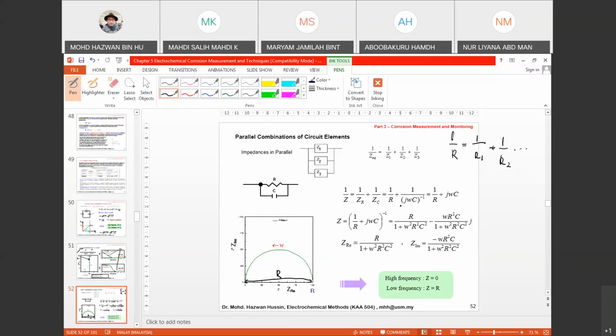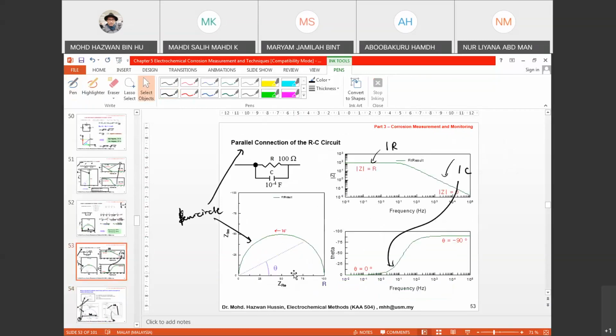So for a parallel RC design, mostly it is seen on the Nyquist plot that it will form a semicircle. The parallel connection of RC circuits. For Bode plot, you will see that it forms one flat line at a lower frequency. Okay.